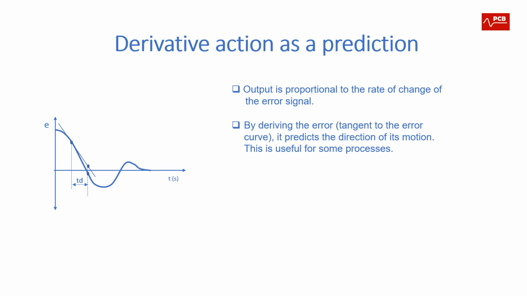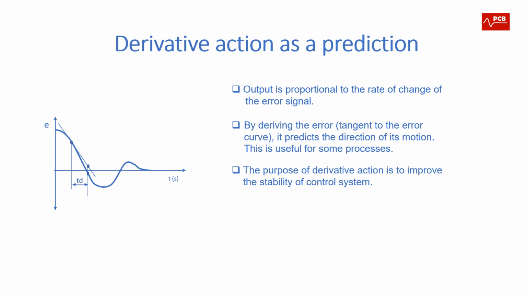So by deriving the error, which can be graphically presented as a tangent at a certain point, this component predicts the direction of the motion of the error. And this is useful for some processes.